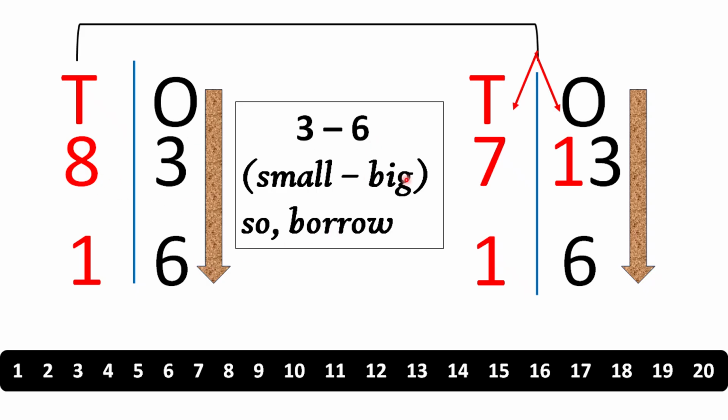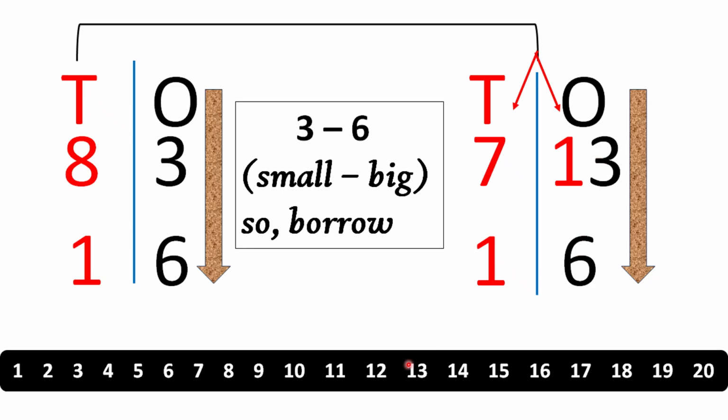8 tens, 7 tens here, and 1 ten goes to this column. 7 tens will remain in the tens column, and the 1 ten which you borrow will go to the units column. So this becomes 1 ten 3 units, 13. Out of 8 tens, 7 tens here, and 1 ten taken to that side. So 1 ten 3 units, 13. 13 minus 6.